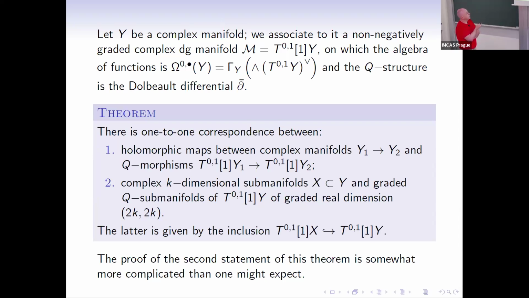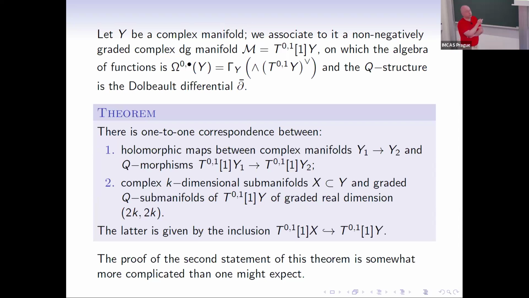Then what is less simple, and actually it was some exercise for me to prove it, is something I haven't seen in this way in the literature. If no one tells me that it's known, then it will be in our paper with Camille Laurent-Gengoux, which will follow. The idea is the following: there is a one-to-one correspondence between complex analytic maps from Y1 to Y2 and Q morphisms from T^{0,1}[1]Y1 to T^{0,1}[1]Y2.